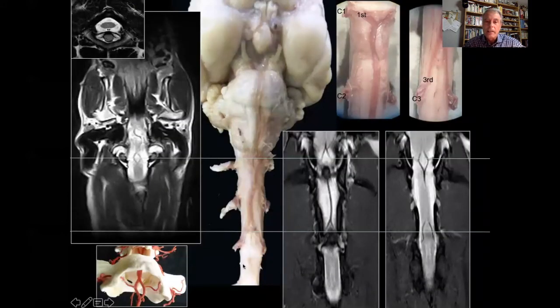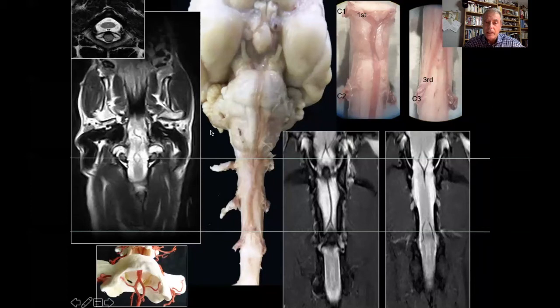Okay, this ventral spinal artery, when it gets to the encephalon, is going to continue as the basilar artery. However, there are particular things that have to be said.